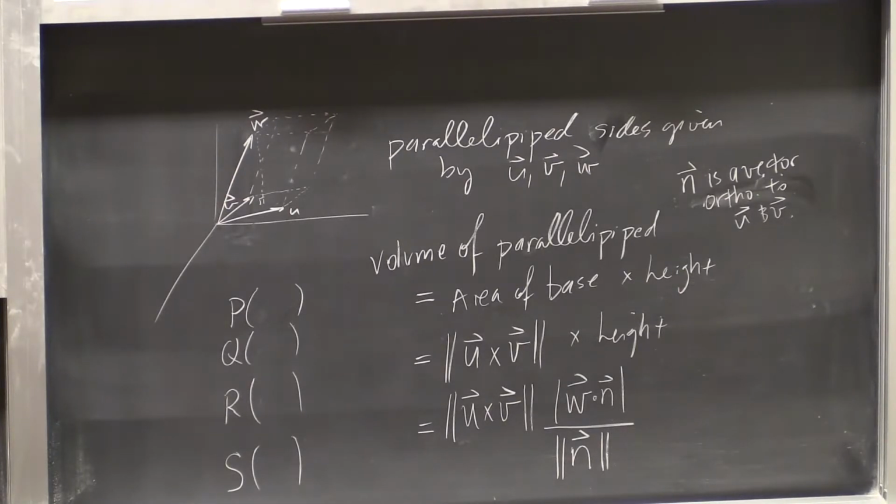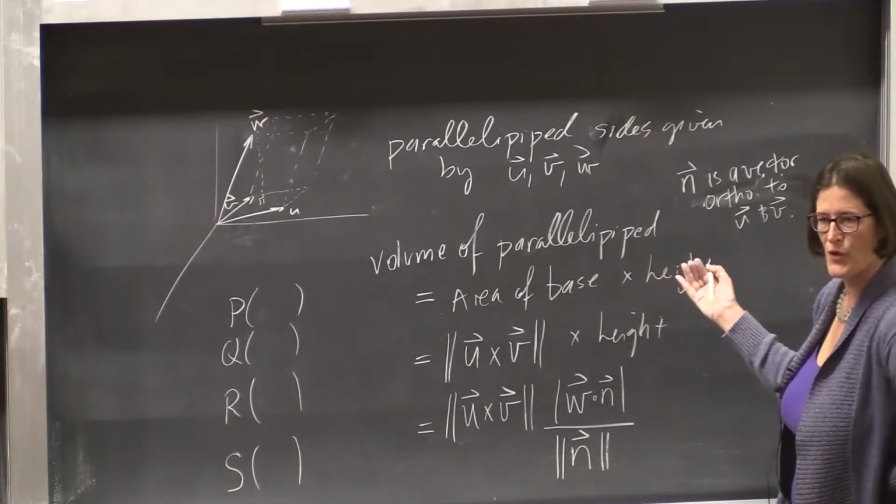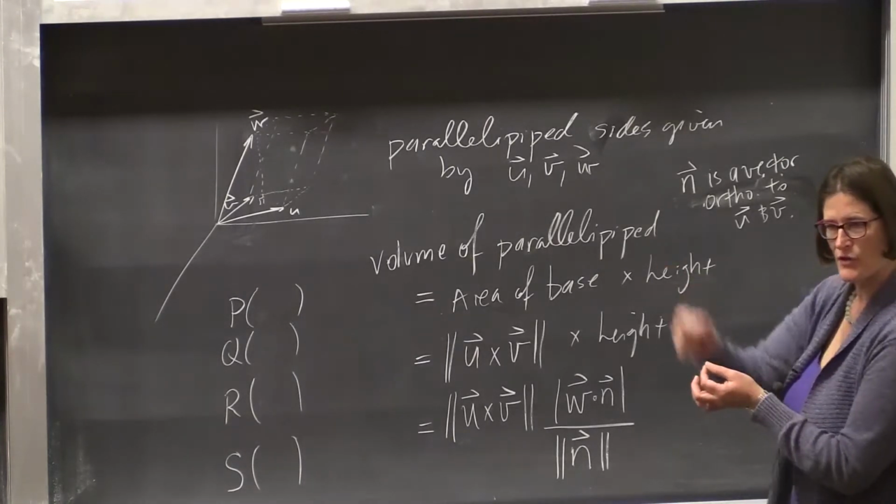Now, do I just stop here, or could I be even smarter? How could I be smarter? Yes? Isn't u cross v a normal vector? So that's the question. In principle, n is any vector orthogonal to both u and v. There are infinitely many vectors orthogonal to both u and v.